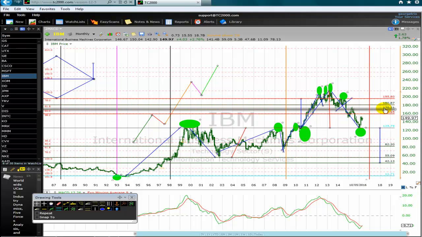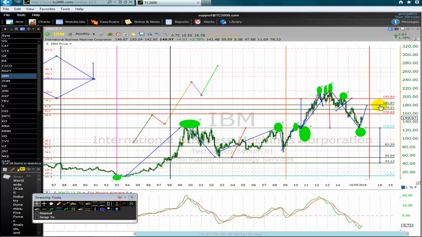50% level. Now, the two levels that we should pay attention to are the 50% Fibonacci retracement level and the 61.8% Fibonacci retracement level. So, if the handle is developing, it can go up all the way to this level here, 180.87.